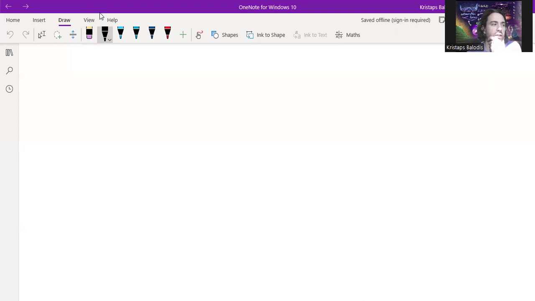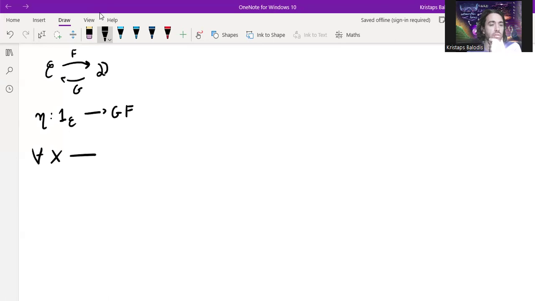So basically recall that I've got some categories, C and D, and I'm supposing that F is left adjoint to G. One of the ways of saying that was that I had a natural transformation, which we called the unit, from the identity functor to F composed with G, such that for all maps from X to GY, there exists a unique map going from F of X to Y, which I'll call H, such that the diagram commutes.